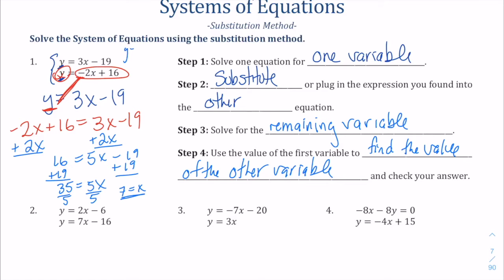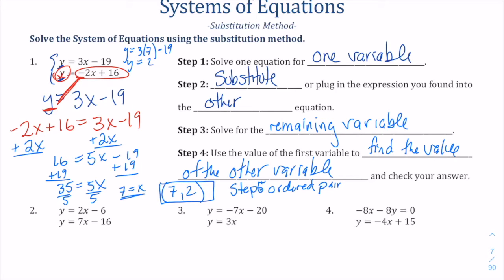So y equals 3 times 7 minus 19. Well, 3 times 7 is 21. 21 minus 19 is 2. So our answer is x first, 7, comma 2. Make sure you are writing it as an ordered pair. Maybe that's secret step 5 here: ordered pair.